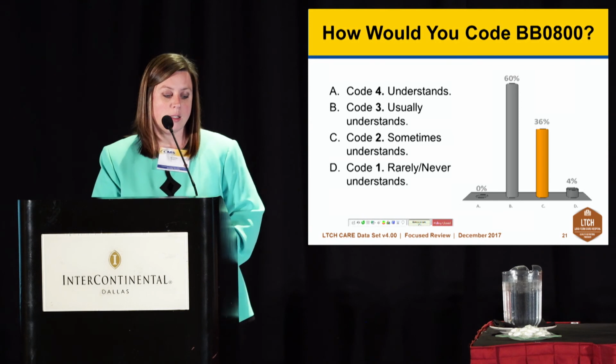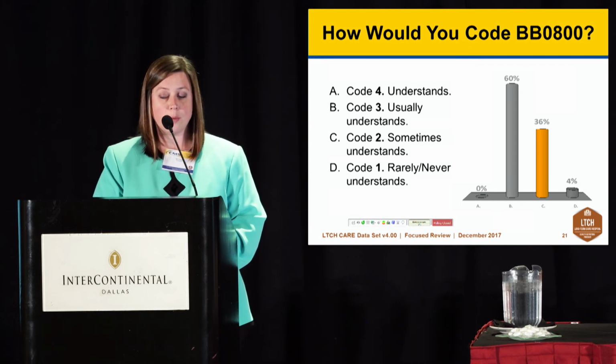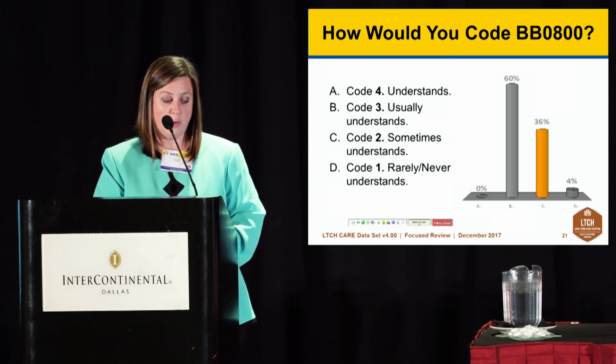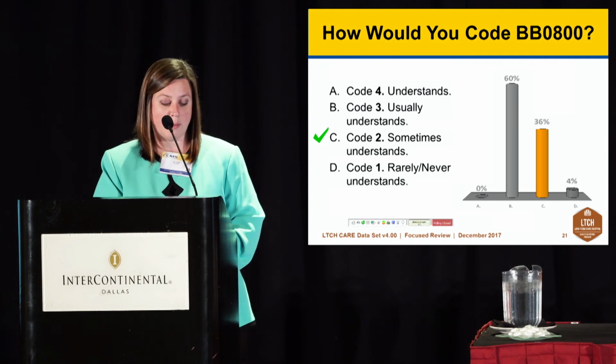So on this one, we had 60% choose B, usually understands, and 36% choose C, code 2, sometimes understands. So our correct answer is C, sometimes understands.